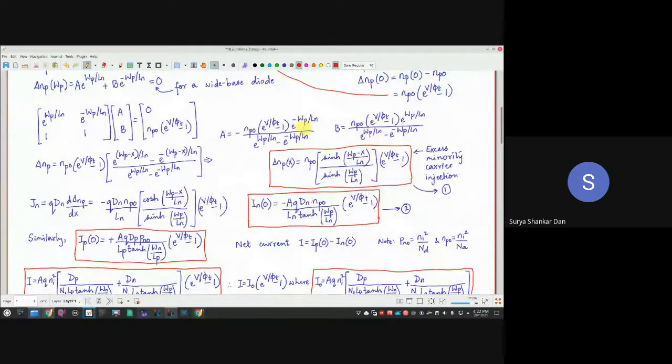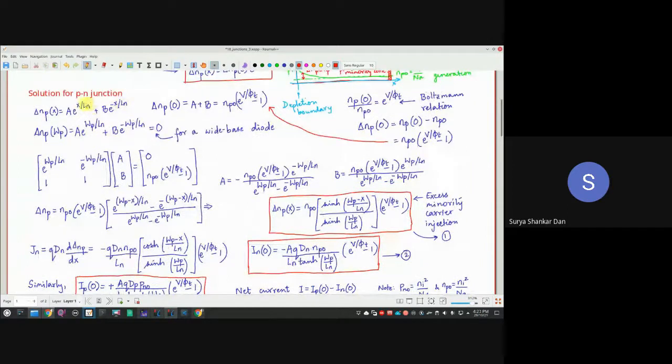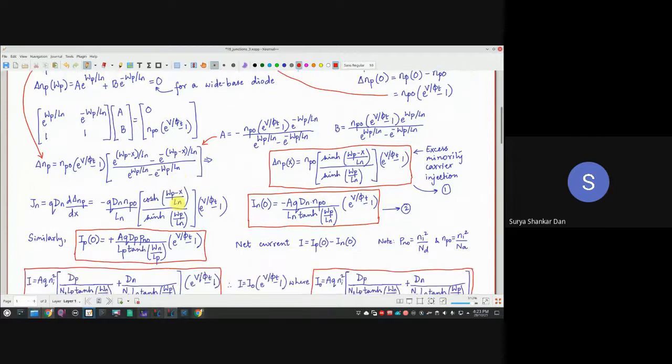Then we got these relations for A and B, and I added them in the original delta NP expression, where we had x and minus x, and got this. Very simple. You go through the mathematics later.